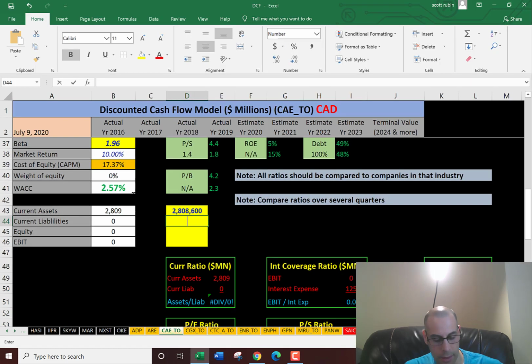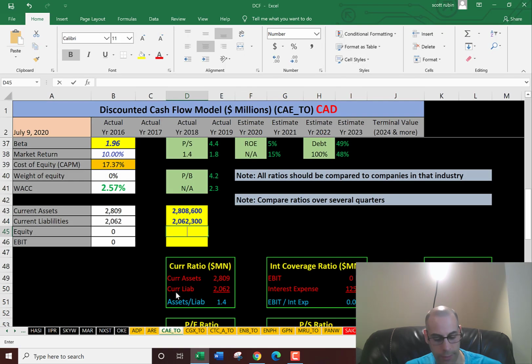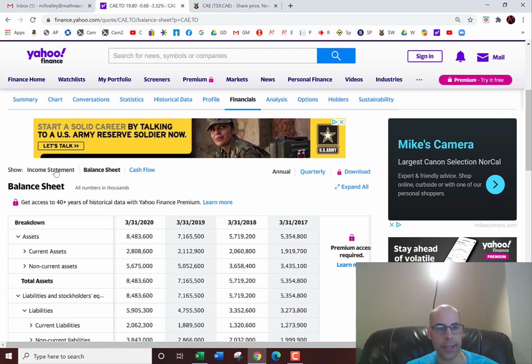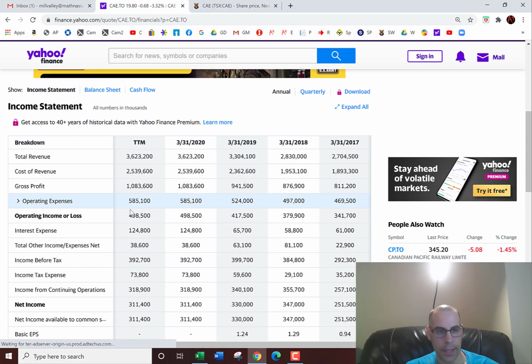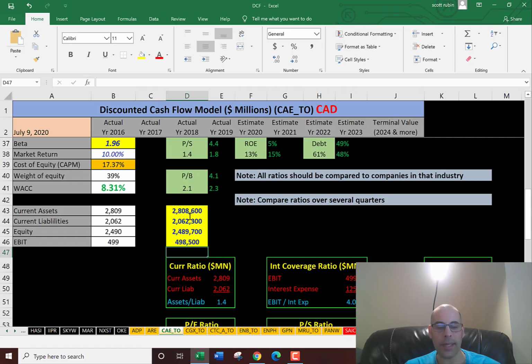That's $2 billion. We also need their equity. That's assets minus liabilities. That's $2.5 billion. And our EBIT is earnings before interest and taxes. On the income statement, that's called operating income. That's $500 million. That's how much money the company makes from its operational business, but before it pays interest on its debt and before it pays taxes.